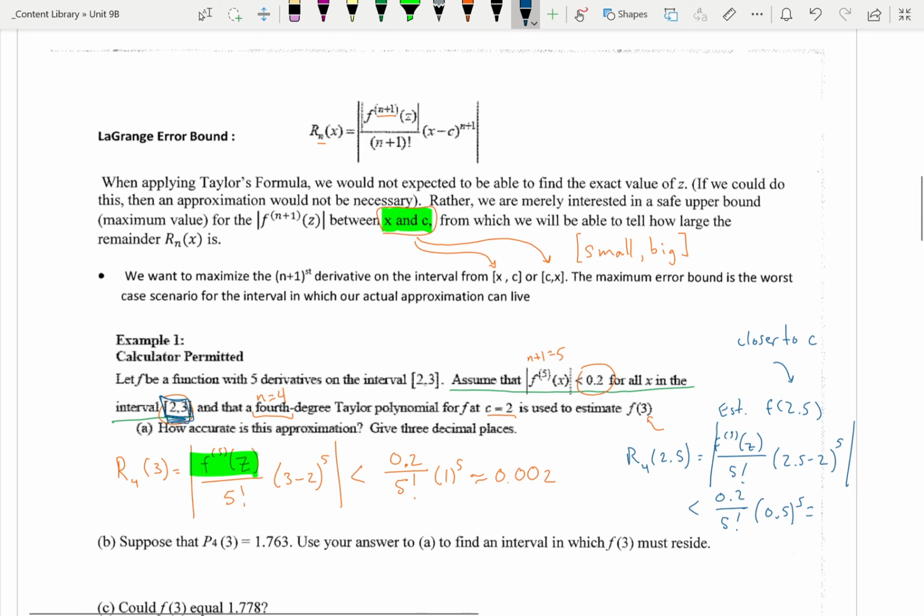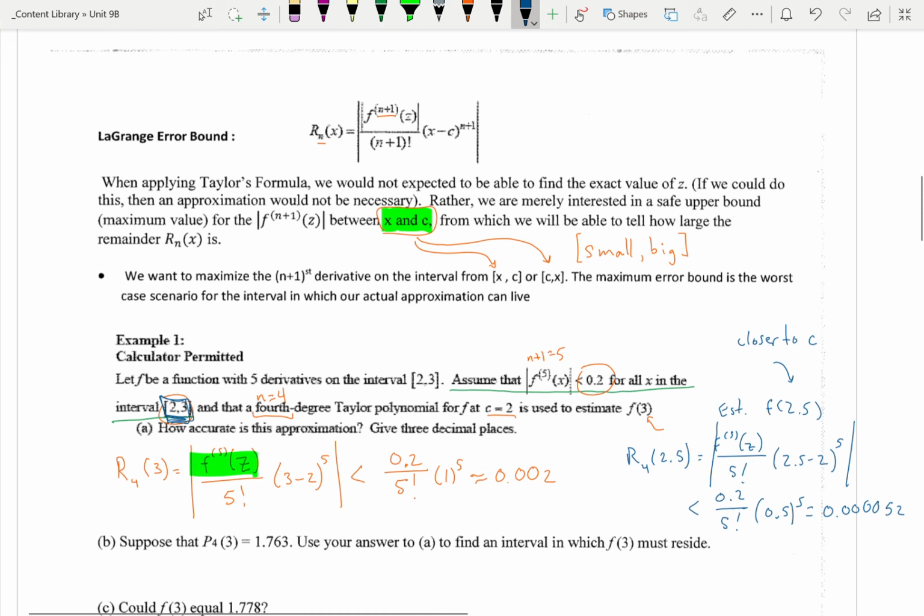Well, if we round to the nearest 3 decimal places, you're going to get 0. But if we go a little bit farther, we're going to get 0.000052. So our error is much smaller, by 2 orders of magnitude or so, when we get closer to that center of x equals 2.